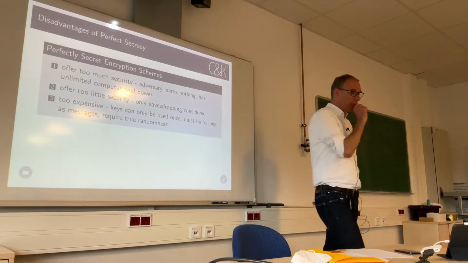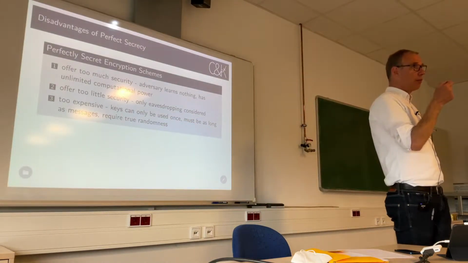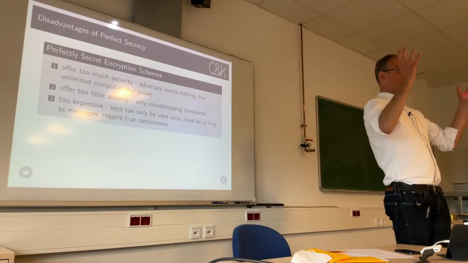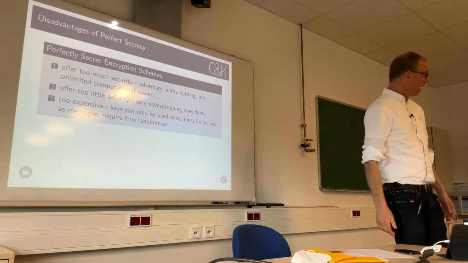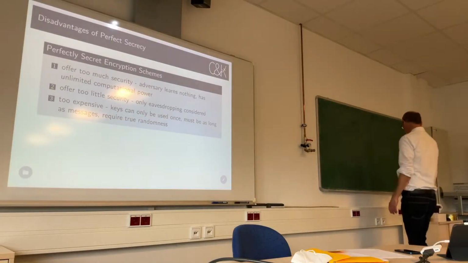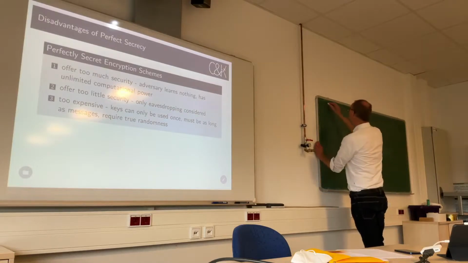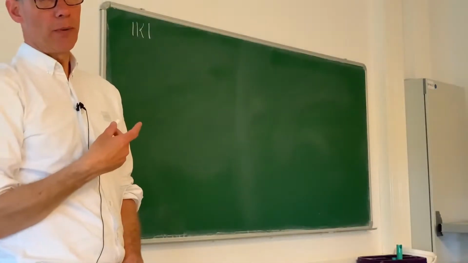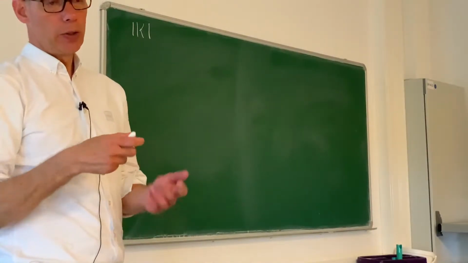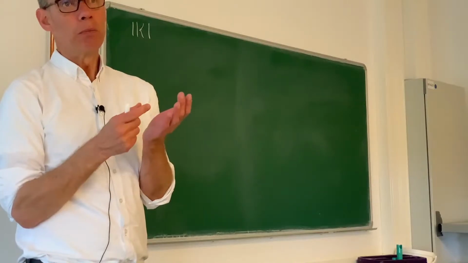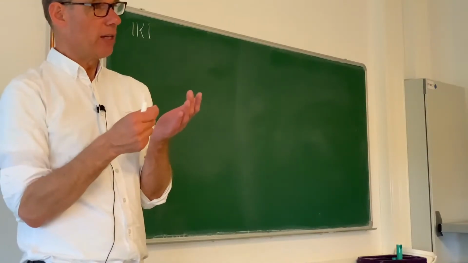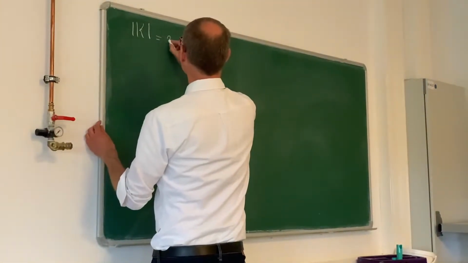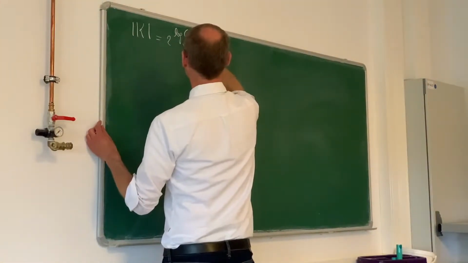But what you also need is that keys, to achieve perfect secrecy, are picked uniformly at random from the large key space. If you want to pick something uniformly at random from the key space K, you need to generate so-called random bits. You need to generate randomness. And this here is 2 to the log of size K.